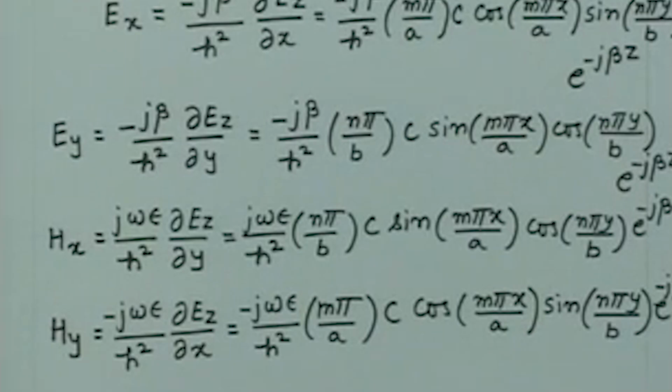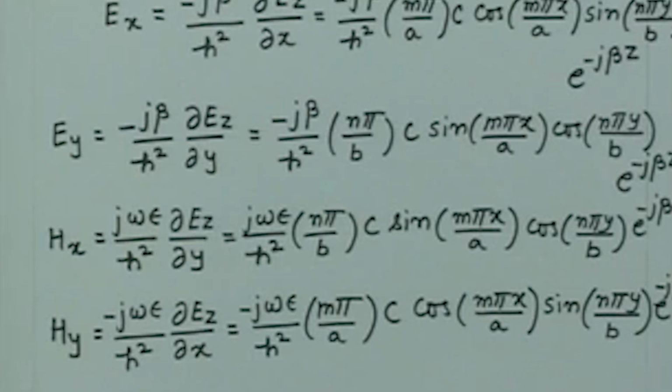So, now we have the complete fields for the transverse magnetic modes, with the understanding that the lowest order mode which is going to propagate on the structure will be the TM11 mode. Now, a few things can be seen from here. The Ez component, for which we obtained a solution, is essentially 0 at these 4 walls.